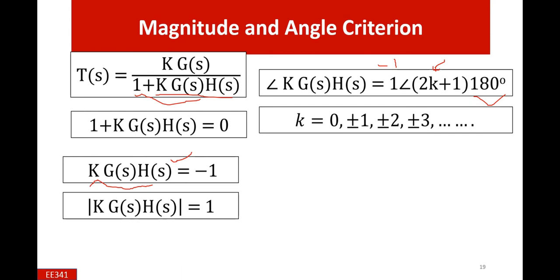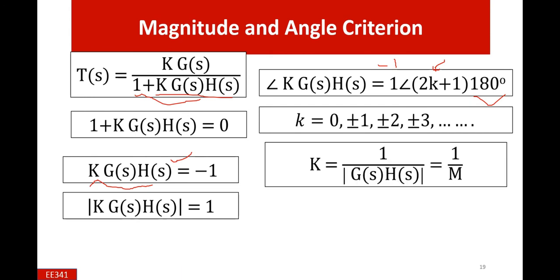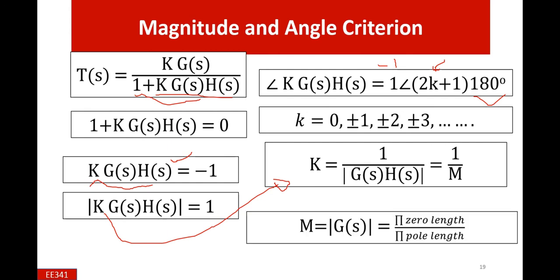And this k varies over positive and negative values. If we take the mod value, then k is equal to 1 over the mod of G(s), which is equal to 1 over M, as we found in the last part of the lecture, and this M is already defined here.